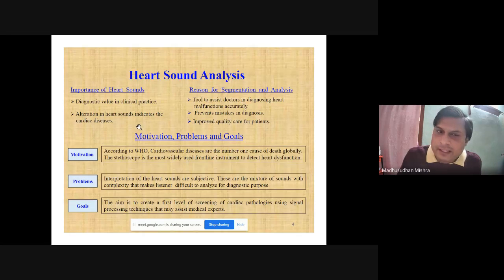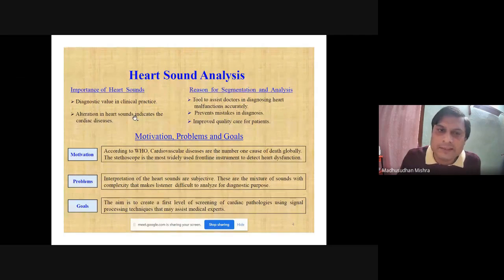If any alteration occurs in the physiology of the heart, it is reflected in the heart sounds. If physicians identify any variation from the normal heart sounds, then they understand that there are some abnormalities in the heart, and accordingly they proceed.